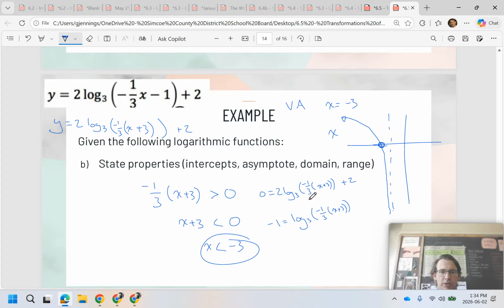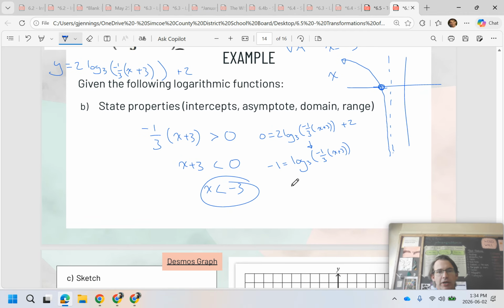Okay, do you see how I got from here to here? Or am I skipping too many steps? I subtracted 2 and then divided by 2. Okay. So now I can rewrite this. 3, which is the base of this logarithm, raised to the power -1 is equal to -1/3 multiplied by x plus 3.